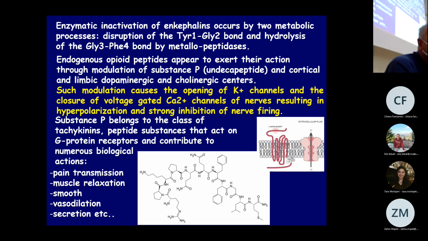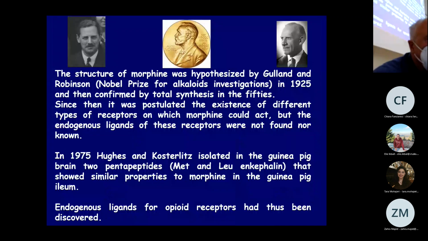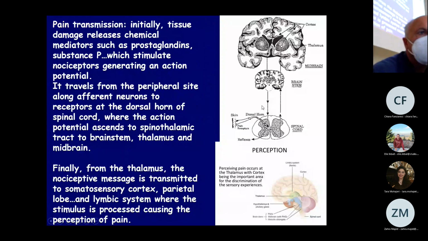It is important to know that in the synapses, here, I show you again, here in the dorsal horn of the spinal cord, in this type of synapse, there is the release of a particular neuropeptide able to transmit the pain information.